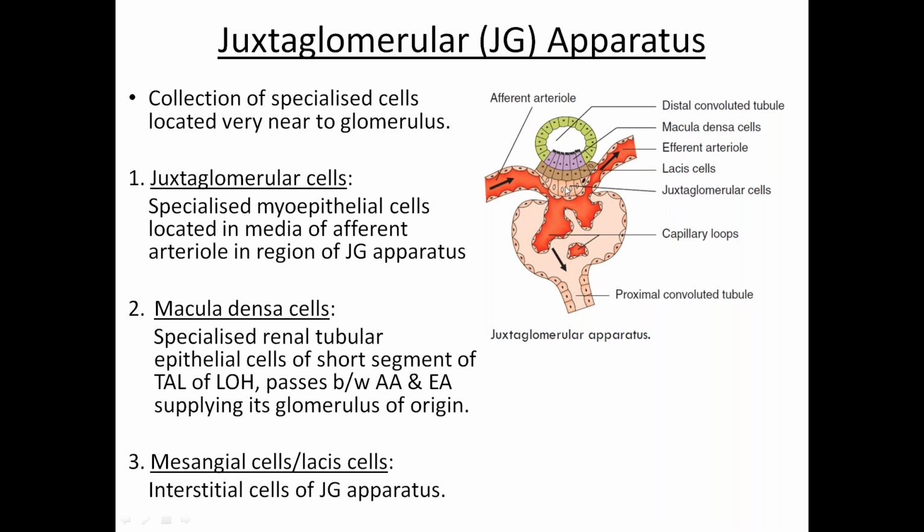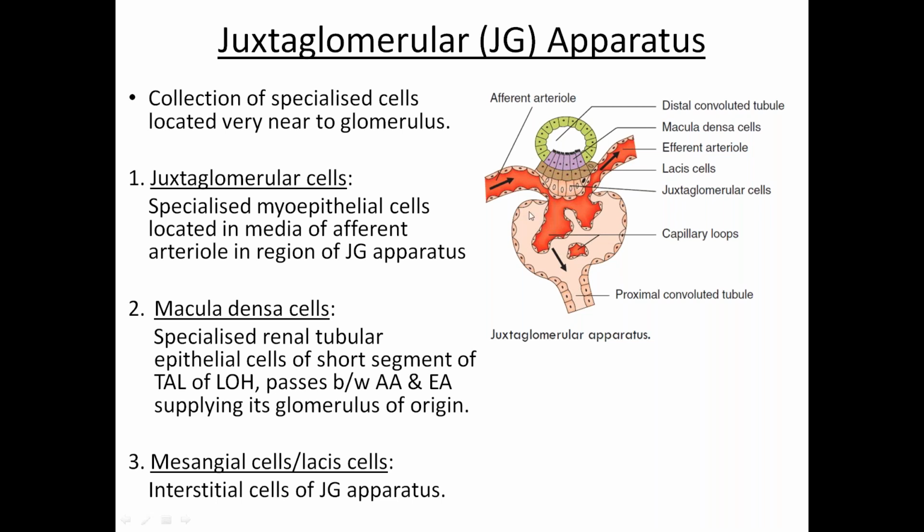Okay, so remember that juxtaglomerular cells were acting as baroreceptors, whereas your macula densa cells act as chemoreceptors. Okay, these are stimulated when there is sustained hypotension, for example, in case of a sodium deficiency, and these are stimulated by decreased sodium chloride concentration, and both are basically causing release of renin.